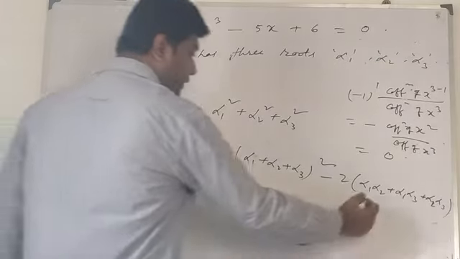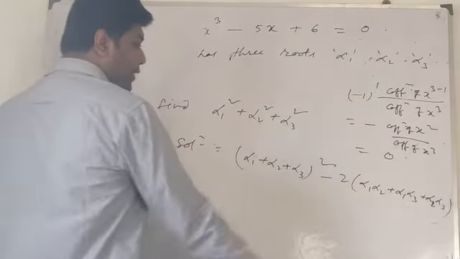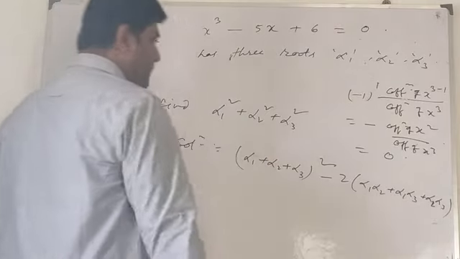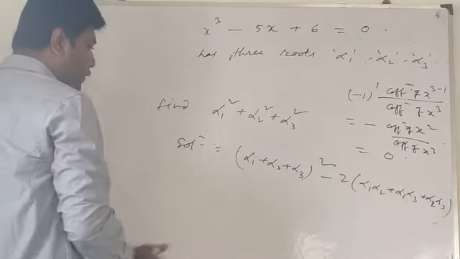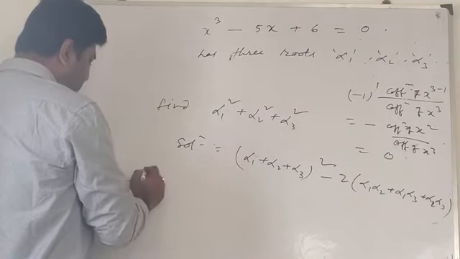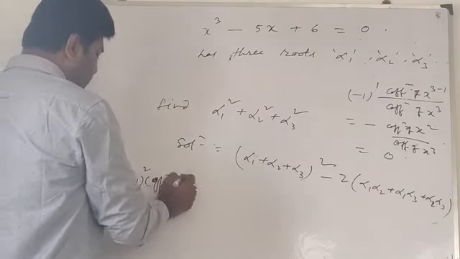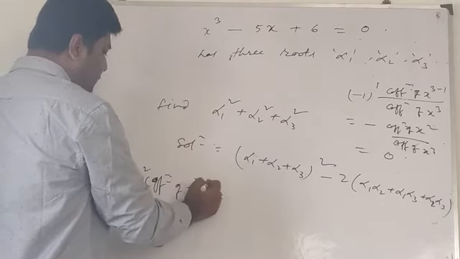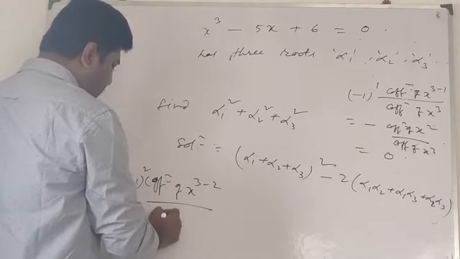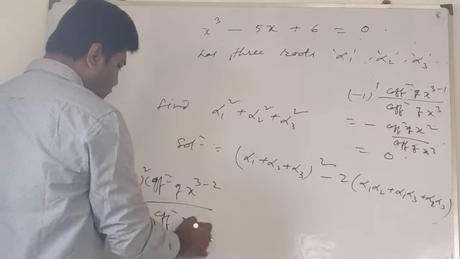Now what about this thing? This is what? Sum of root taken 2 at a time. It can also be found out from here. You can write here minus 1 to the power 2 coefficient of x to the power 3 minus 2 divided by coefficient of x to the power 3.